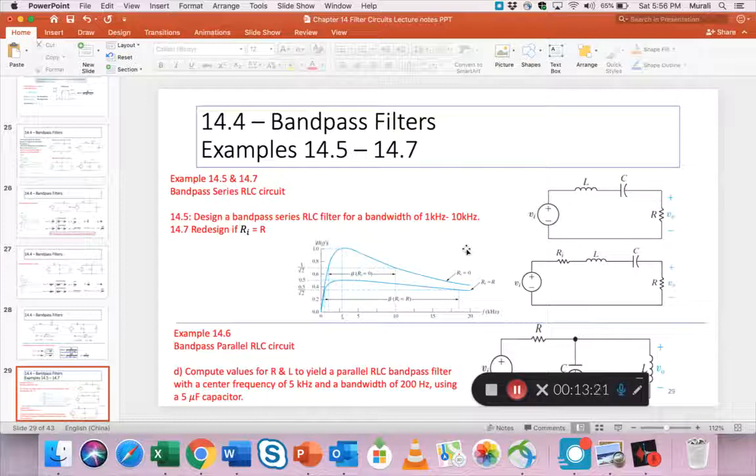So in part B, he actually uses this derivation to solve for the numerical values. So what changes happen? So once you substitute R plus Ri everywhere for just R, then I mean the bandwidth is still given, so we can't really change that.